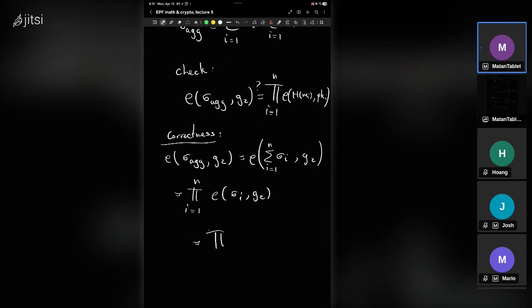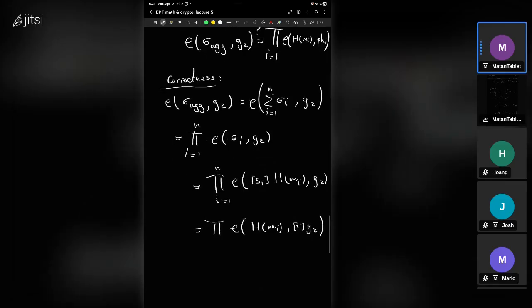This is pi of E of sigma_i, G2, which, if I go one by one, I can replace, because the signature works for one guy, I can replace each component of the product by E of H(m_i), the public key G2. So this is pi of E of H(m_i), PK_i.